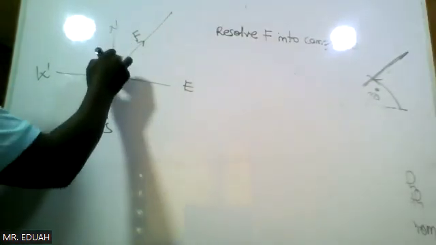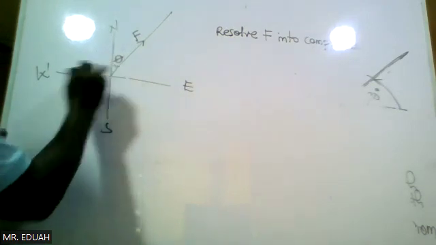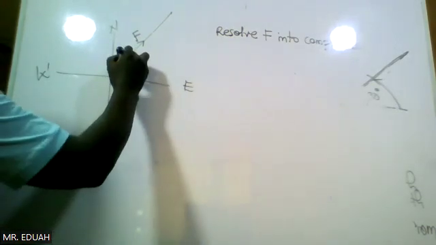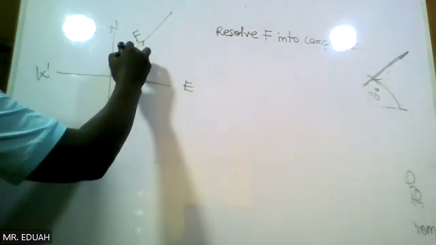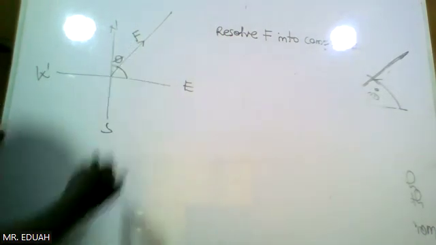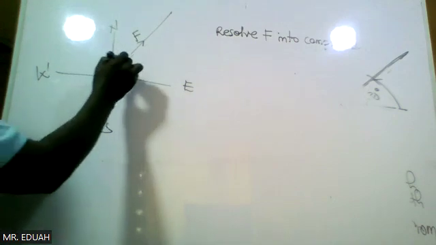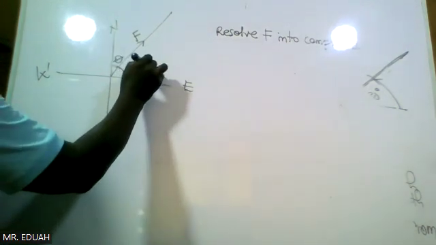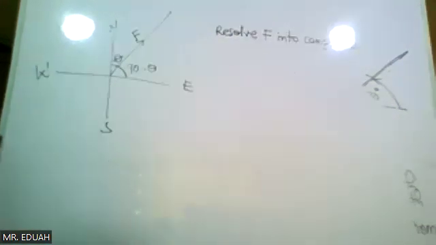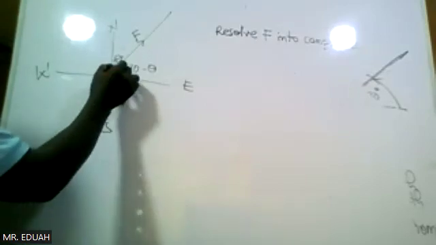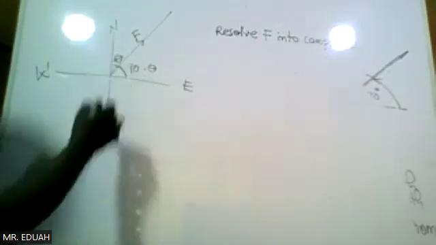Now, if this is theta, then the angle between the force and the east would also be 90 minus theta. Example, if this is 30, then this will also be 60. Are we okay?